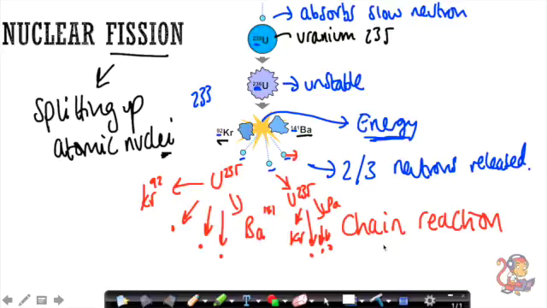That is why a chain reaction occurs, because from one slow-moving neutron being absorbed, you end up with 2 or 3 more being released in nuclear fission, which can go on and cause more unstable nuclei and more splitting of these nuclei.